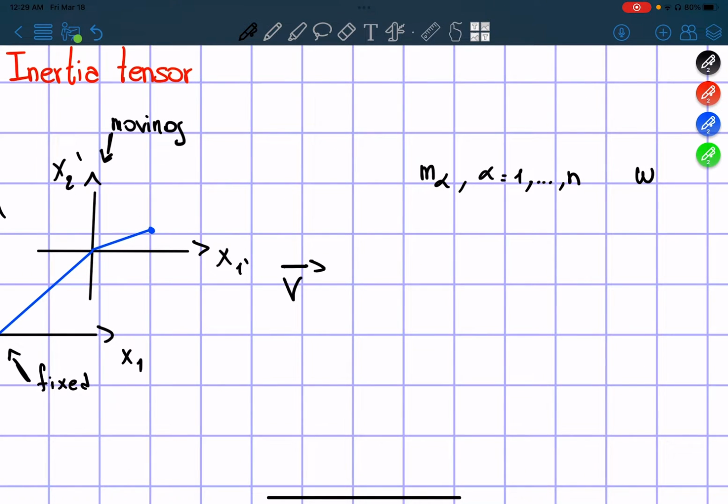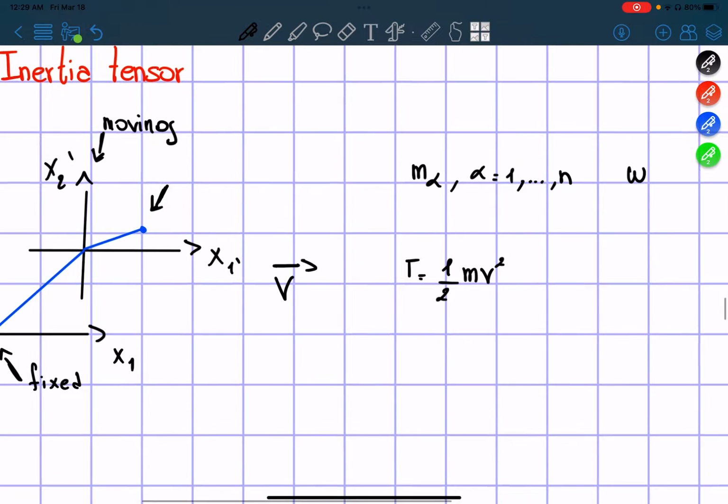Well, first of all, let's think about it. Inside our coordinate system, the moving coordinate system, the kinetic energy will be equal to 1/2 m v squared.